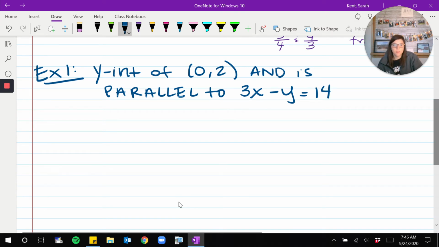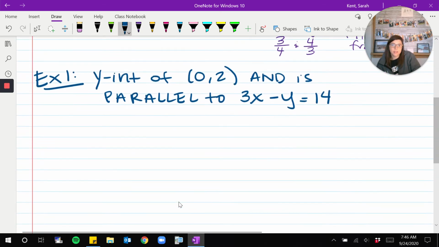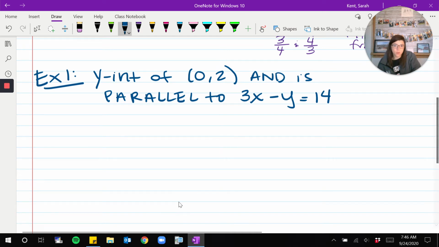If you remember, our equations from the beginning all started with y equals. But this one does not start with y equals. So I need to change this equation to where it says y equals so I can find my slope. I'm going to take over the x: 3x minus 3x goes away, and I'll do minus 3x on the other side.